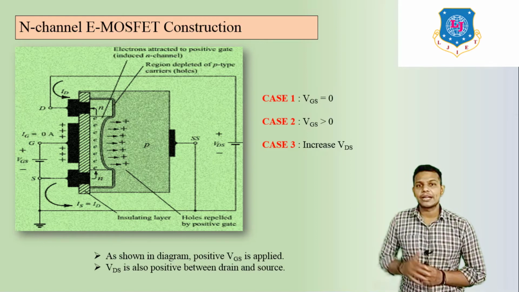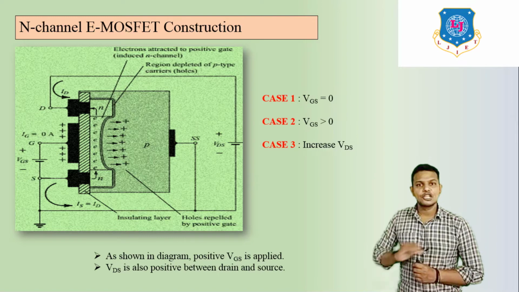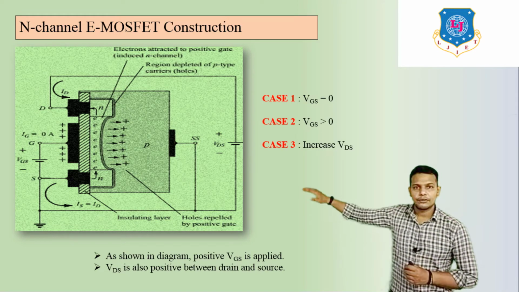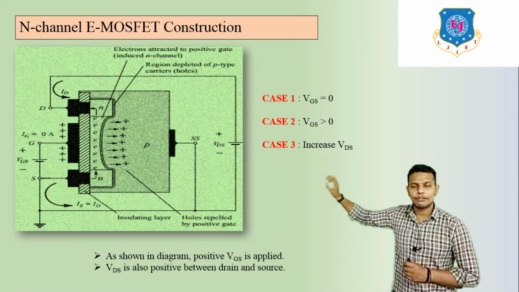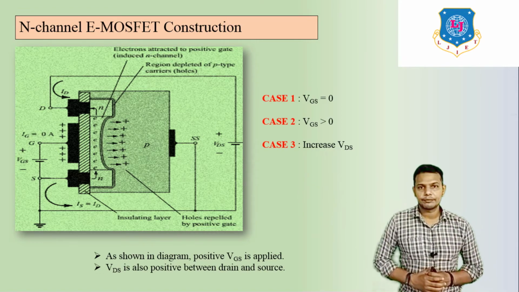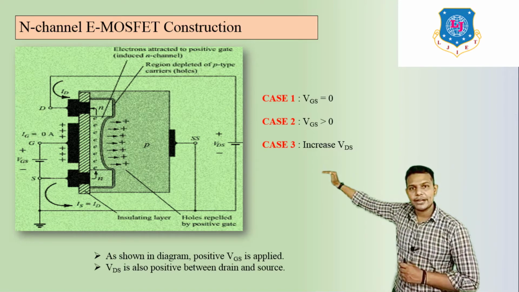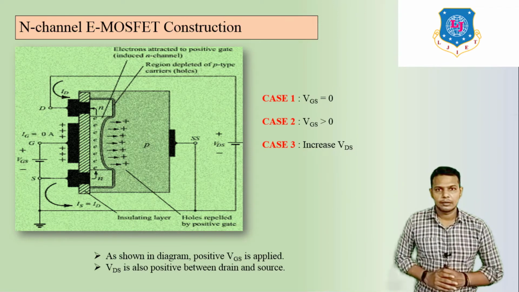If there is no channel present, drain to source is not connected. So even if we apply VDS, we cannot get ID, because there is no channel present between the drain and source terminals.